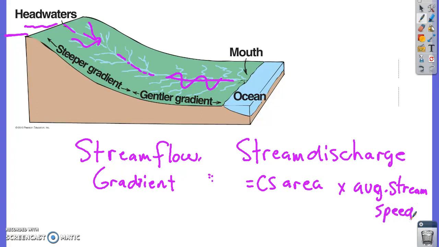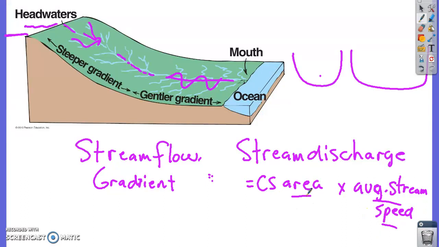Obviously, if you had a stream like this and one that had twice as much area, this one's going to have more water, because there's more water going by if they're moving at the same speed. Now, if this one was moving twice as fast, even though it doesn't have as much area, it has twice as much water coming by in the same amount of time, so it might have the same discharge.